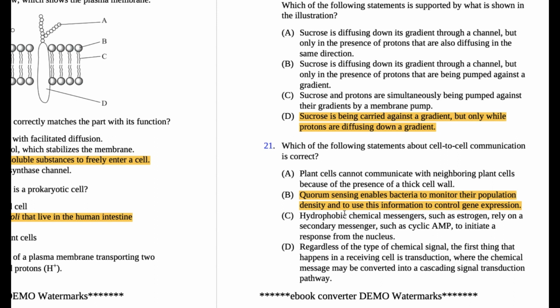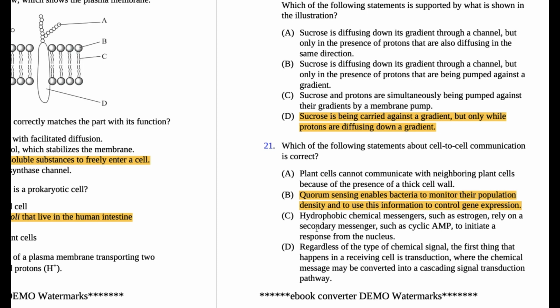Hydrophobic chemical messengers, like estrogen, rely on a secondary messenger, cyclic AMP, to initiate a response from the nucleus. Well, this one is not true because estrogen can actually dissolve through the plasma membrane, so it doesn't rely on the secondary messenger.